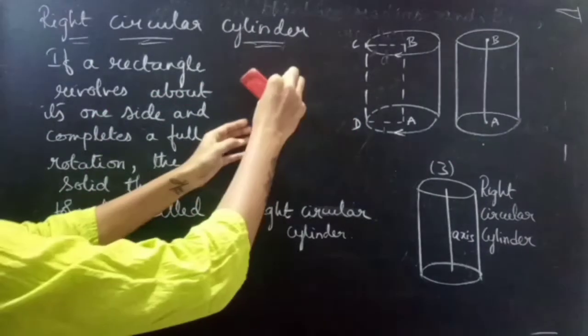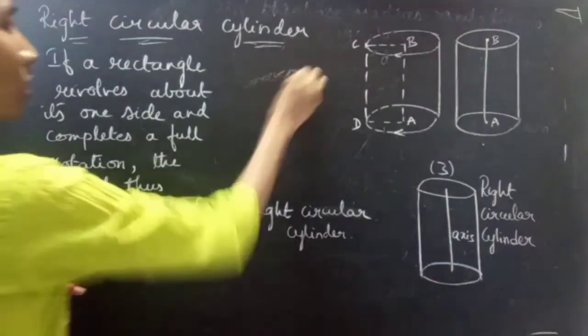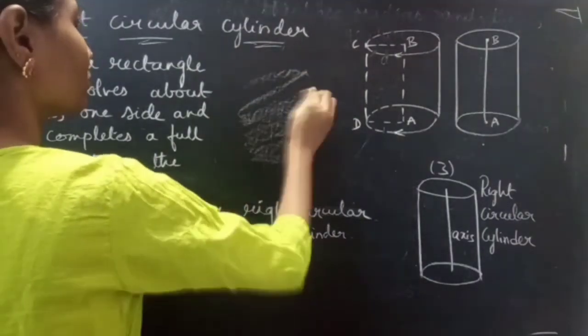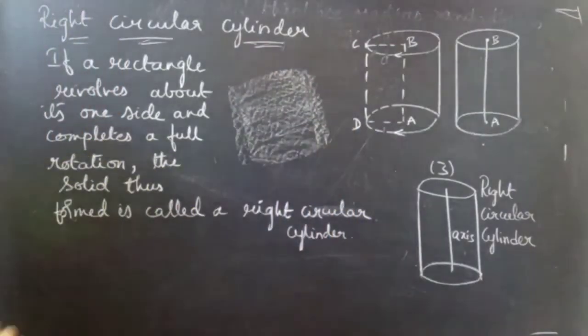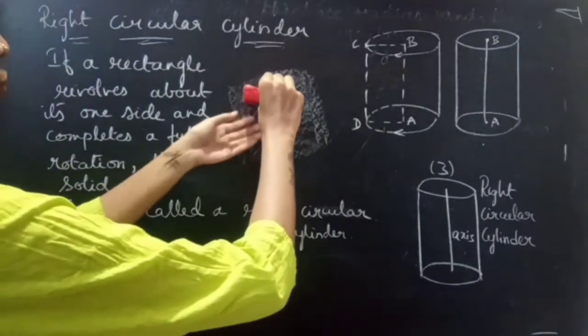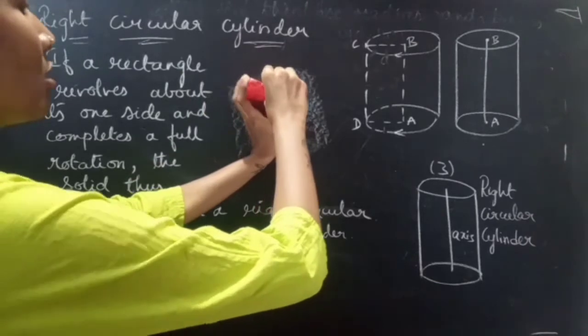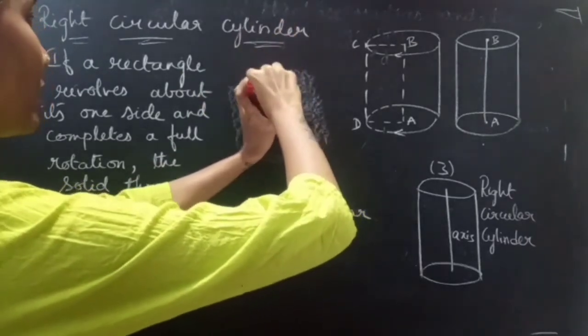rectangle revolves about one side. Okay, so I'm taking the right side.